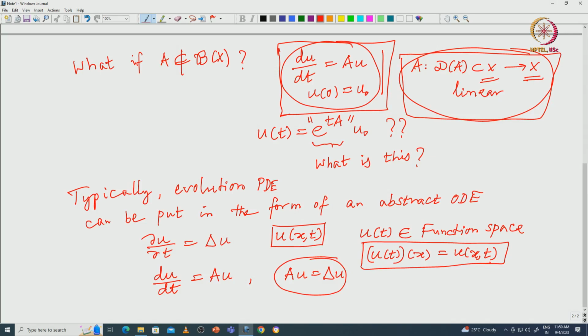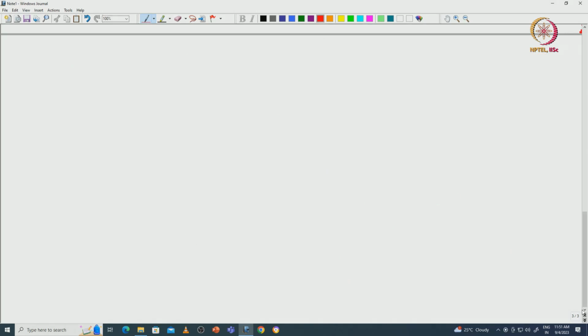Okay. So, before we go further, let me again recall, for bounded matrices or for bounded operators, we know this e to the tA. Let me just put that as T of t, when A is a matrix or A is a bounded operator. So, let us recall some properties here. Okay.